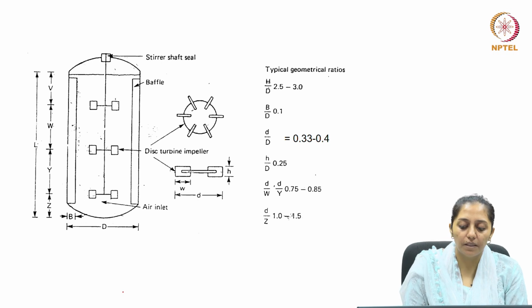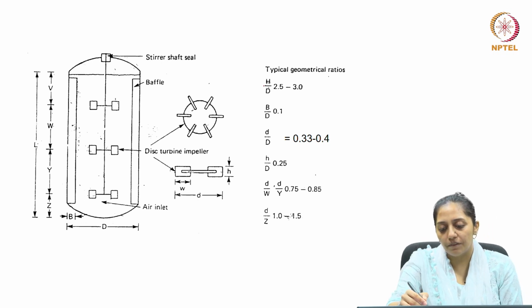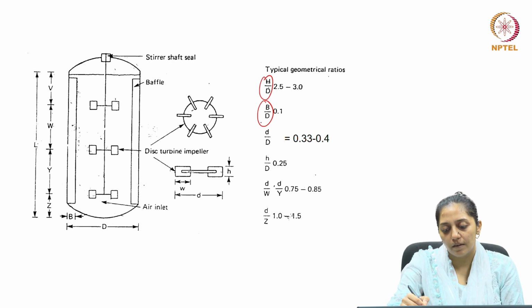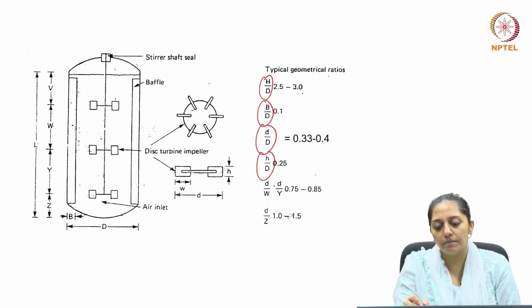As I said earlier, the linear length ratios follow thumb rules. Here are some thumb rules given for reference, you can make note of it.